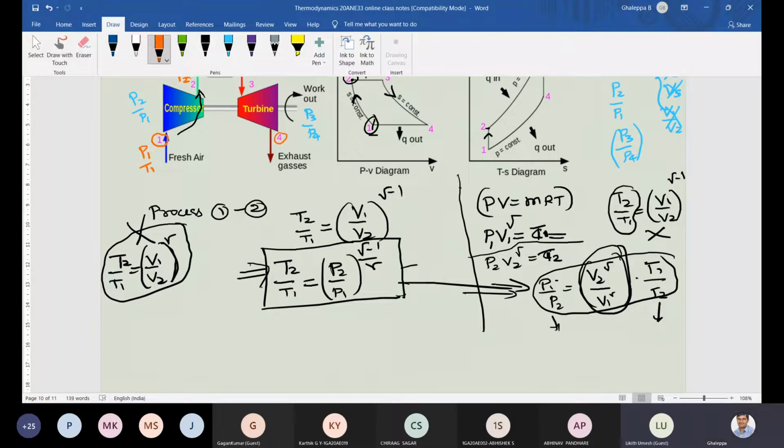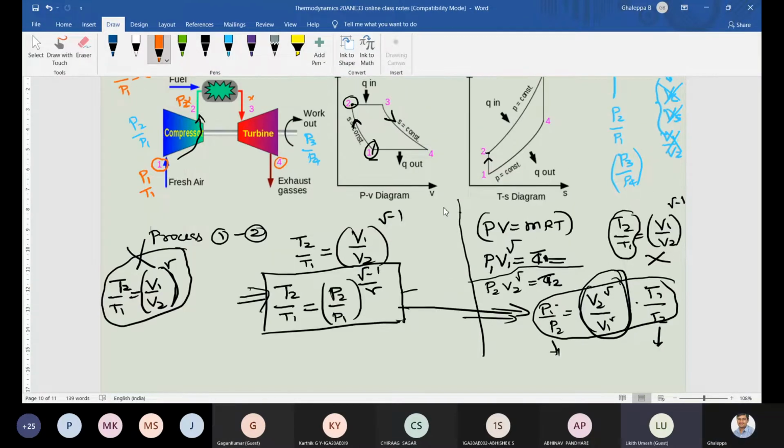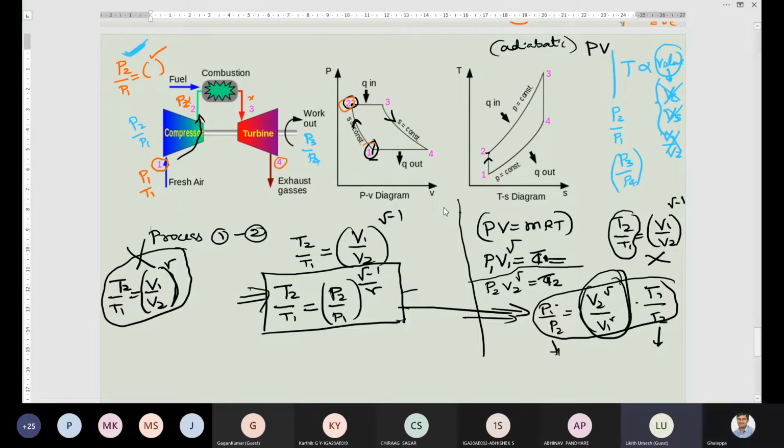Try it. If it is wrong also, don't worry. T2 by T1 we have taken for the 1 to 2 process. My question is to write a similar equation for 3 to 4.